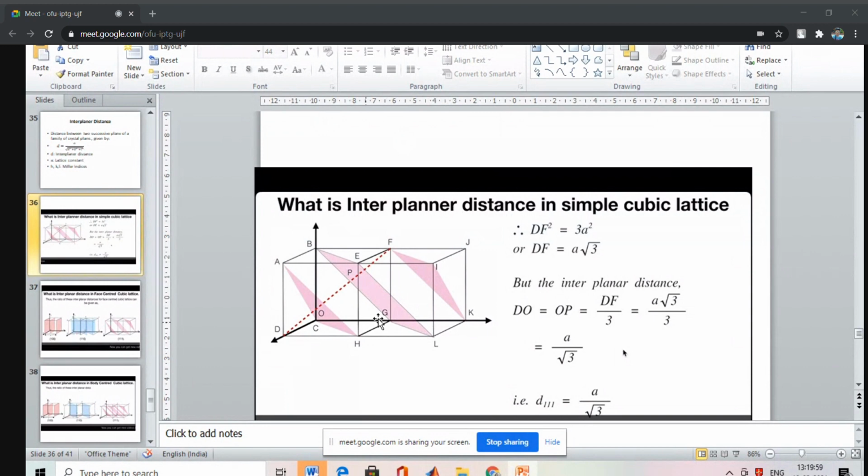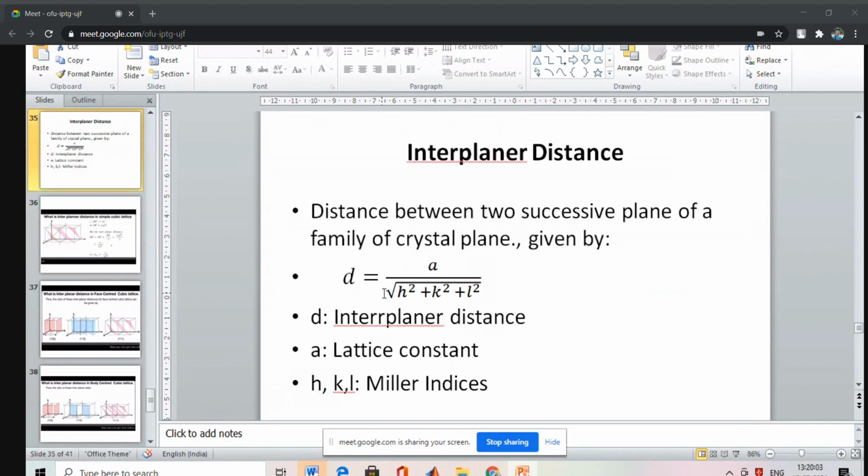So 1, 0, 0 का क्या होगा? By this formula, for the plane 1, 0, 0, in terms of A, d will become A only.